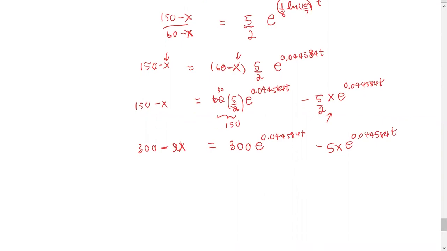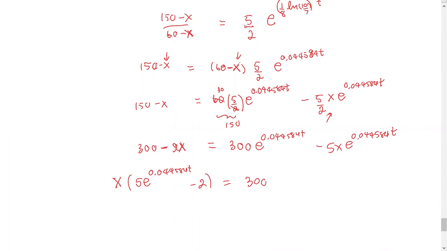And then add 5x e to the power t to both sides. So the term will join with the negative 2x. So we factor the x out, becomes 5 e to the 0.044584 t minus 2 equals 300.